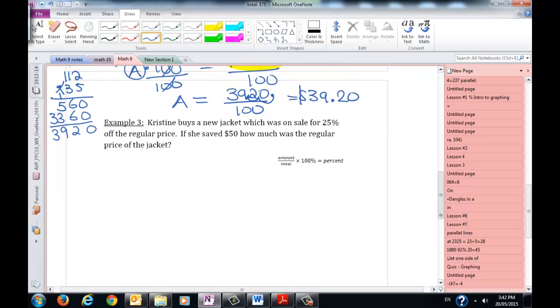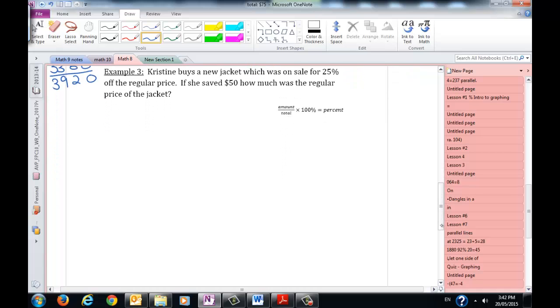All right, we have one more. Christine buys a new jacket, which is on sale for 20% off the regular price. If she saved $50, how much was the regular price of the jacket? All right, so I know that my percent discount is 25%.